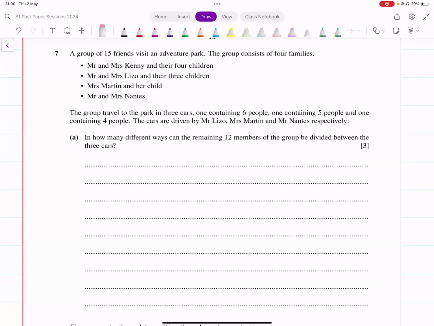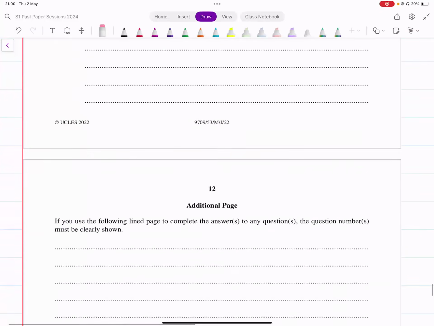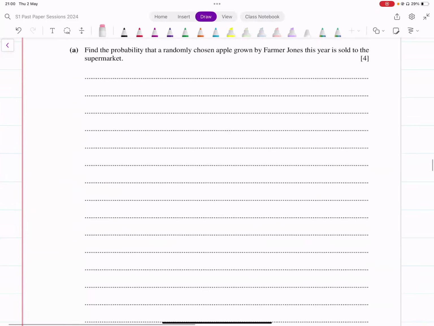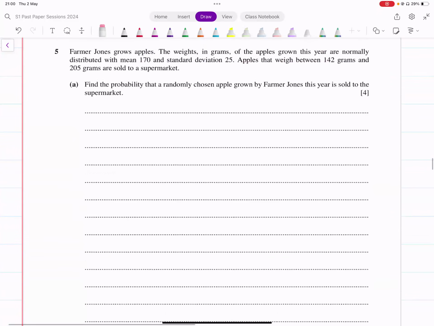Okay, these are the two questions that we want to do from this paper. June 22, paper 5, variant 3. Let's do two questions for this, questions 5 and 7. Let's start with this one. It says, Farmer Jones grows apples. The weights in grams of the apples grown this year are normally distributed with mean 170 and standard deviation 25.